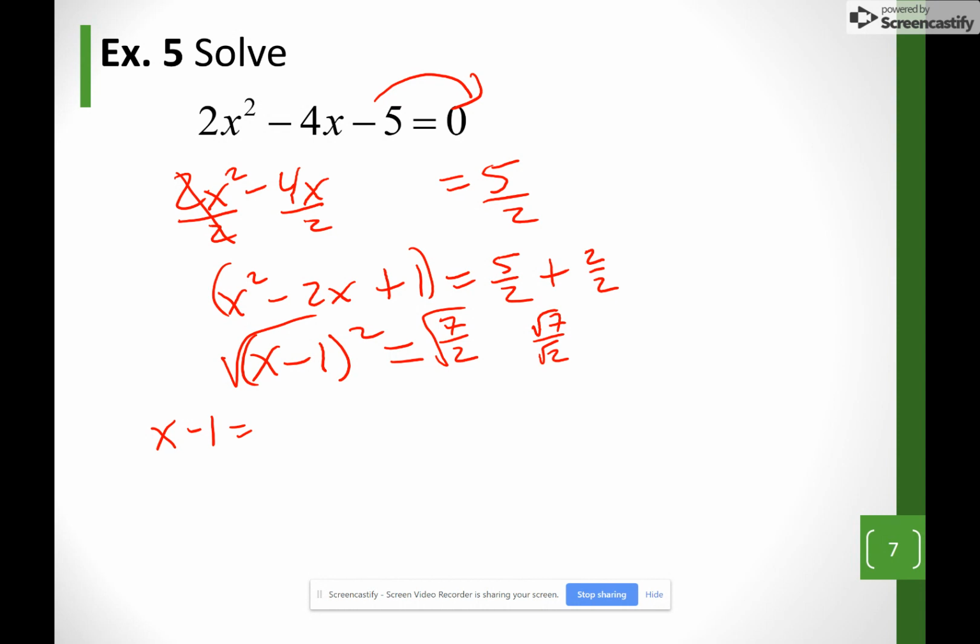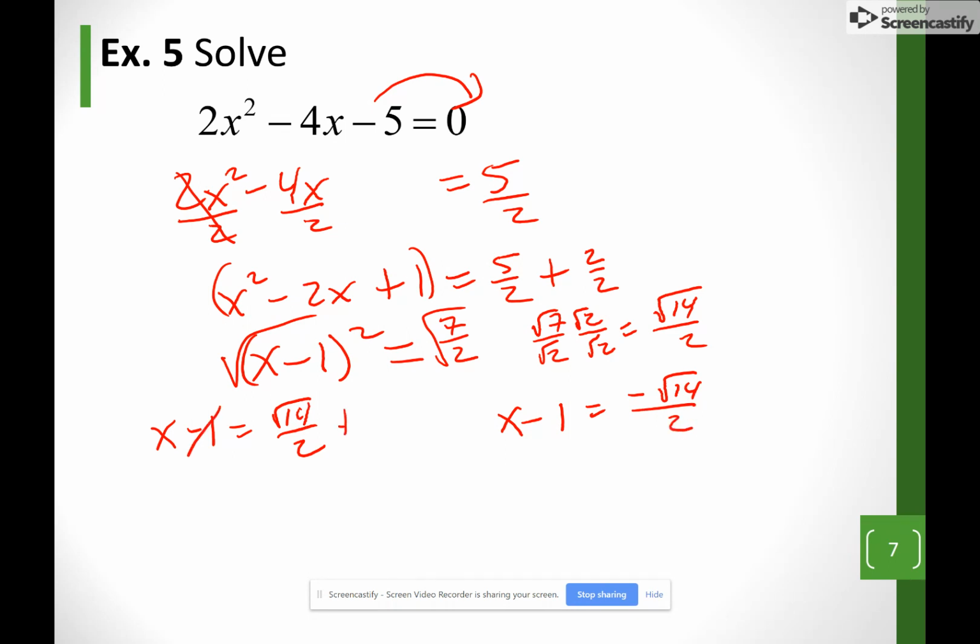I cannot have radicals at the bottom, so before I do this, let me multiply top and bottom by radical 2. So I have radical 14 over 2. So radical 14 over 2. And then I also have that x minus 1 equals negative radical 14 over 2.